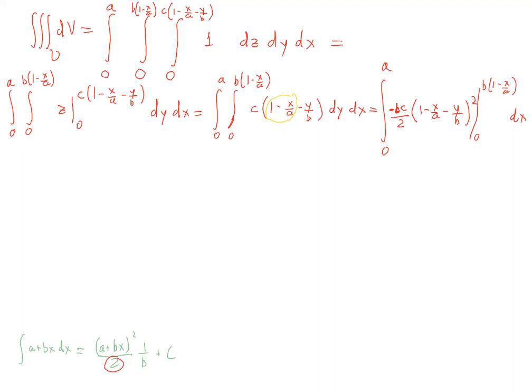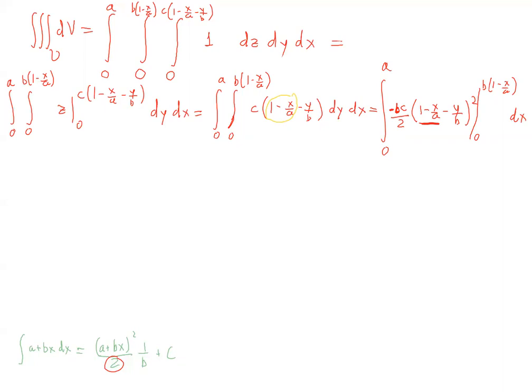And here's the magic. Try to see what will happen if you plug in b times 1 minus x over a for y, right? If you do that, the b and the b are going to cancel, and you will get 1 minus x over a. Yes, but that's exactly what you have here, 1 minus x over a minus 1 minus x over a. Believe it or not, you get 0 if you plug in b times 1 minus x over a.